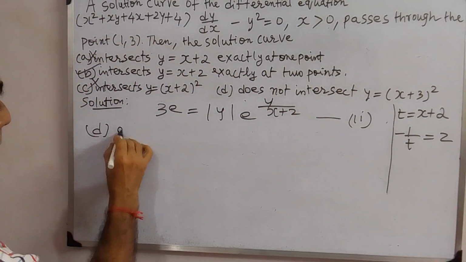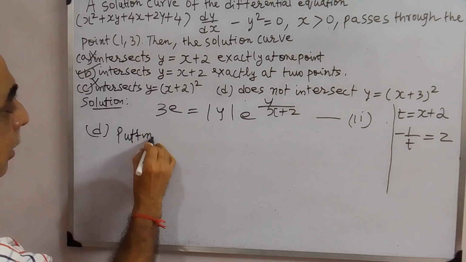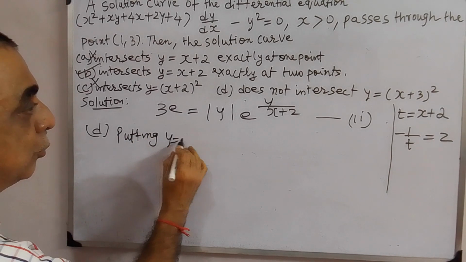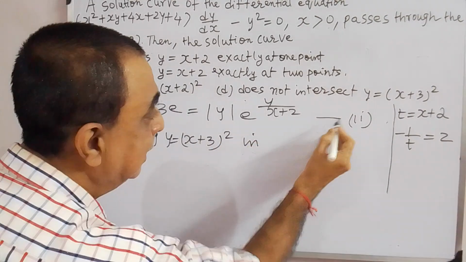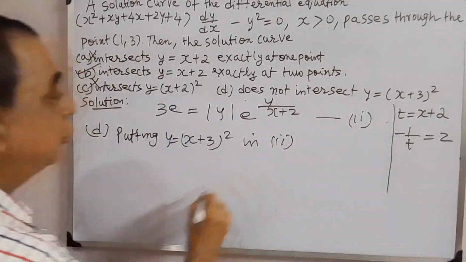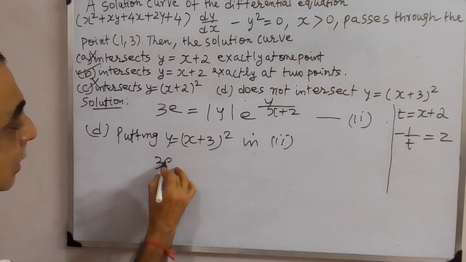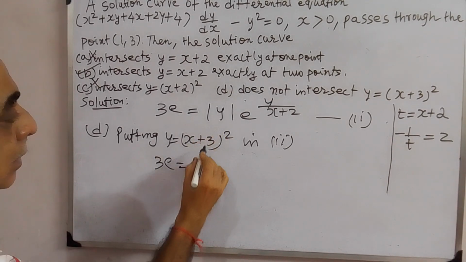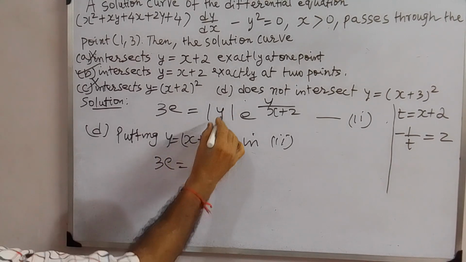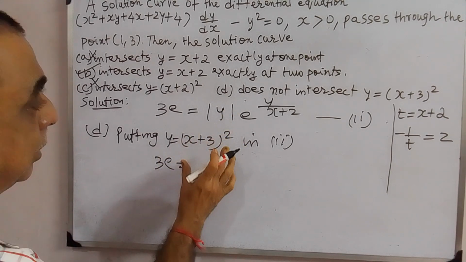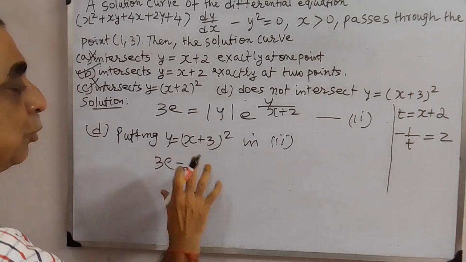So putting y equals x plus 3 whole squared in this 2, what we will have here is 3e equals mod of x plus 3 whole square. In place of y I am putting x plus 3 whole square. The mod of x plus 3 whole square will always be positive.